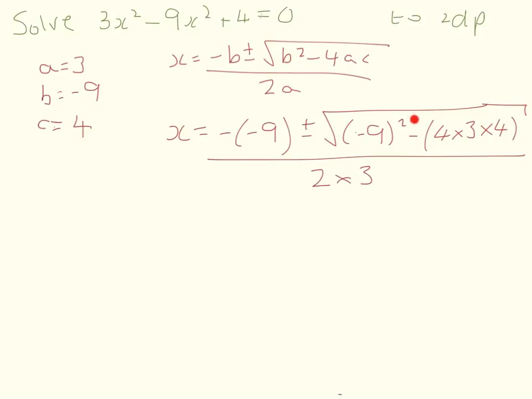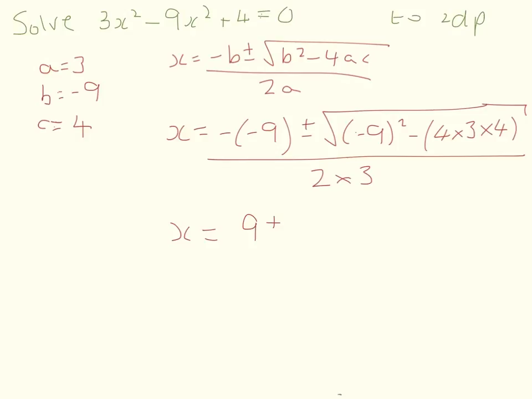Once again, I really stress the importance of putting in brackets here, just for safety when we're working with negatives and that you're following it through properly. Okay, so I've substituted in. I'm now just going to simplify it a little bit. So minus negative 9 is the same as plus 9.